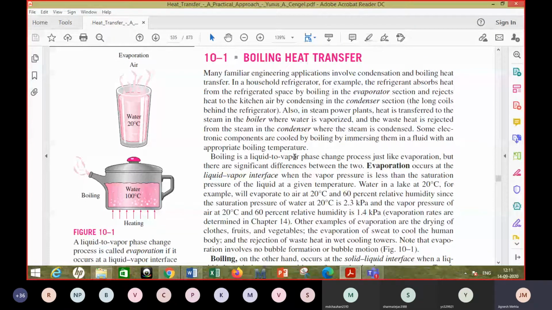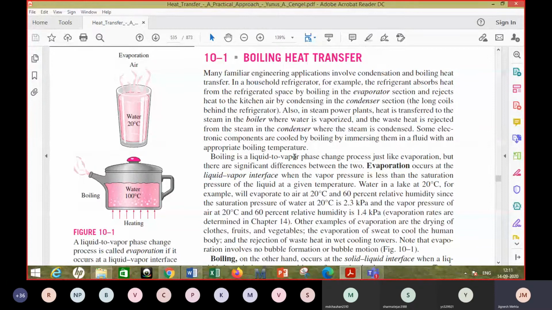So the evaporation takes place between the liquid surface and air or gas, while boiling takes place generally at the interface of solid and liquid. As you can see in the figure here on the left hand side, a glass is shown and water is there in the glass, and it's shown to be at 20 degrees Celsius.